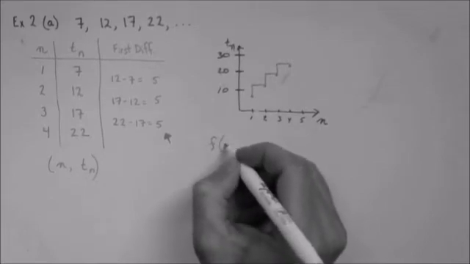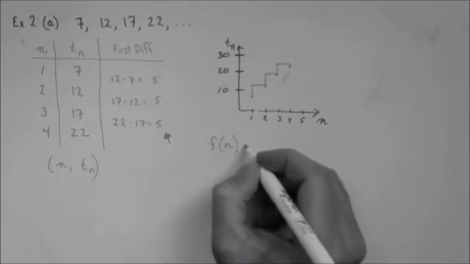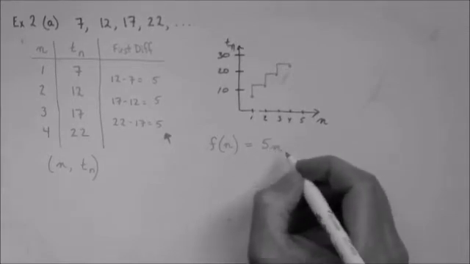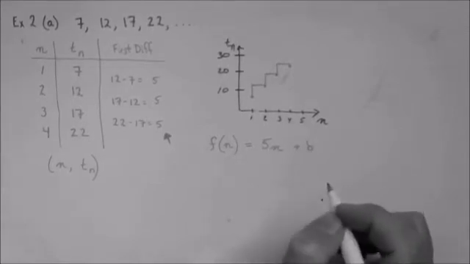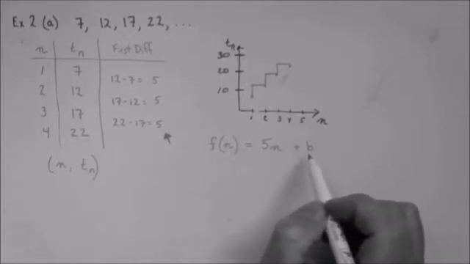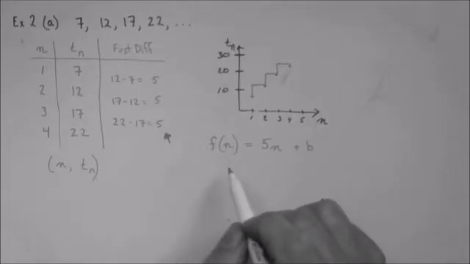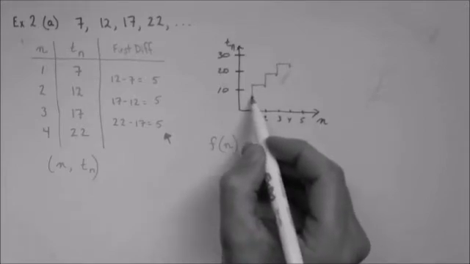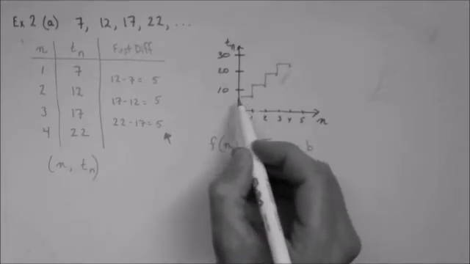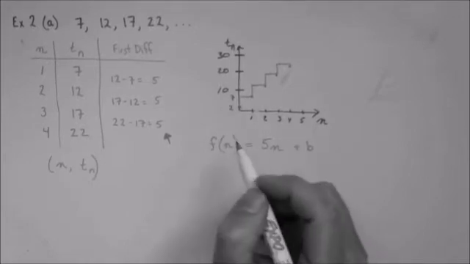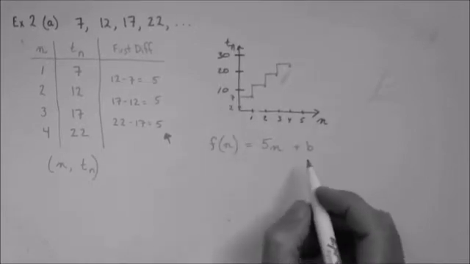So if we had a function with respect to the term number, then it would be 5n plus b. What we don't have here is our initial value, or what would be term number 0. So we need to think about that. And just by looking at it, you can see that if I went backwards 1, I'd have to go down 5, and that would bring me from 7 to 2. So our y-intercept is 2.